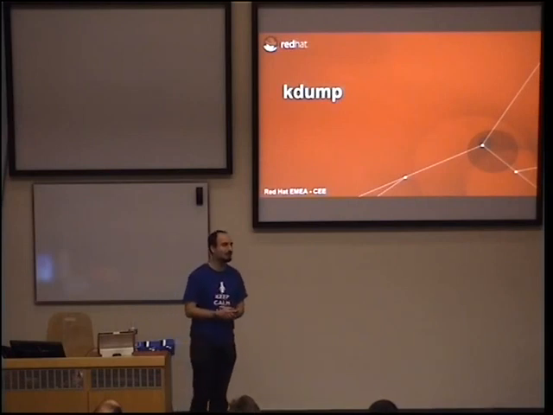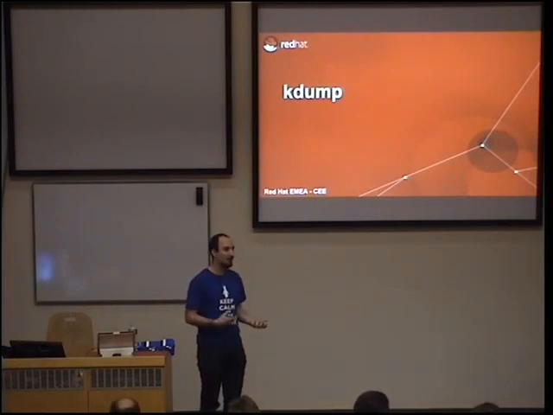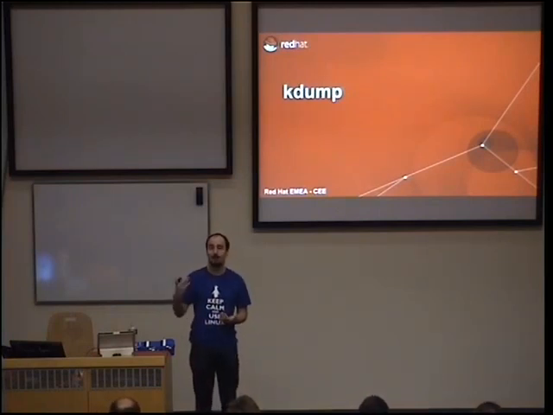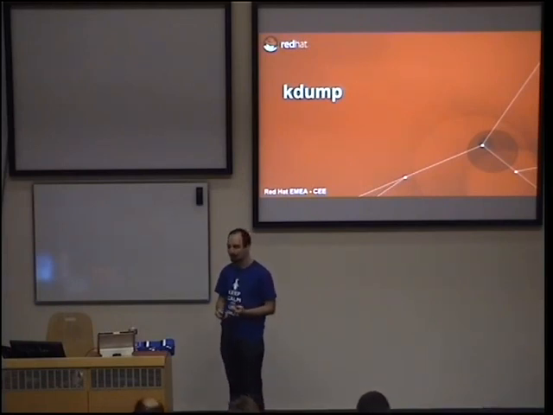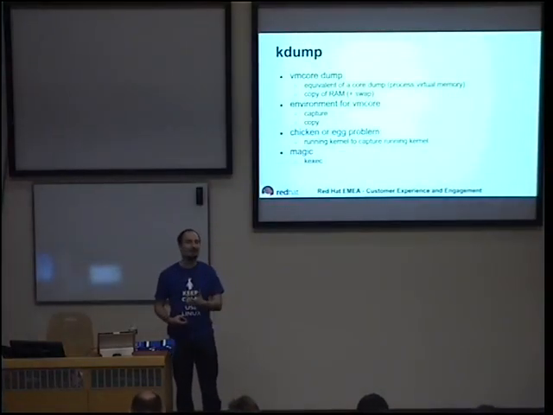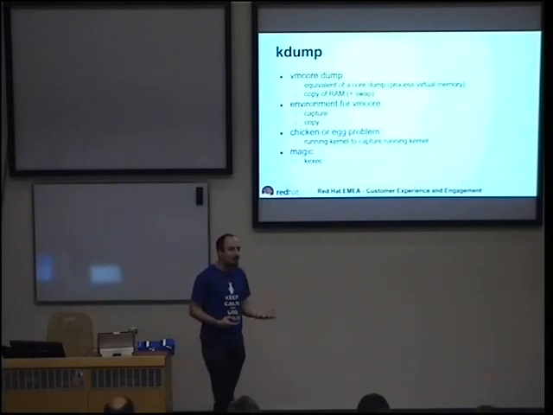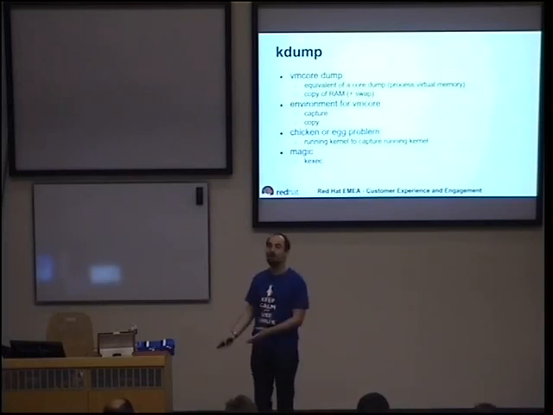For example, using a tool called Kdump, we can gather more information. We can prepare the system before a possible crash, to be ready to provide us with more information at the moment of the panic. What does Kdump do? It has one role in mind: to generate a vmcore. A vmcore, just like a normal core dump, is a copy of the memory to a file.